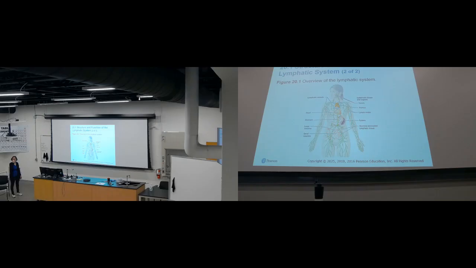Also, we have them in the nasal cavity, in the nasopharynx. These are called the adenoids, and they protect us from infections coming from the respiratory system. And then we have another organ, the spleen, that helps to trap bacteria.